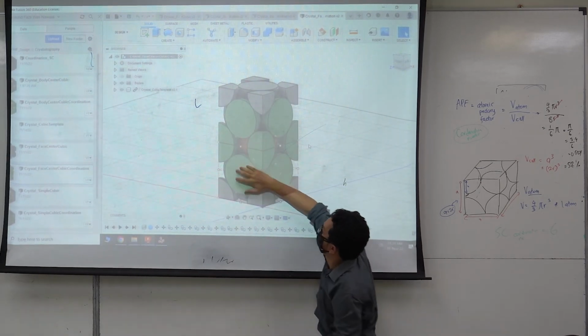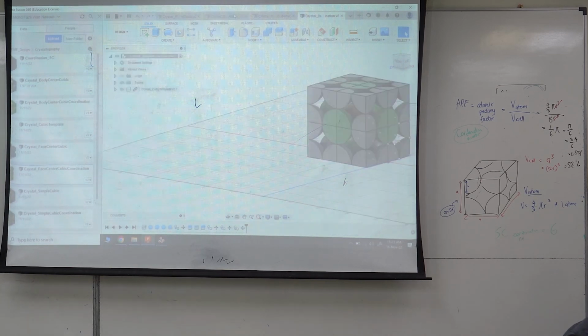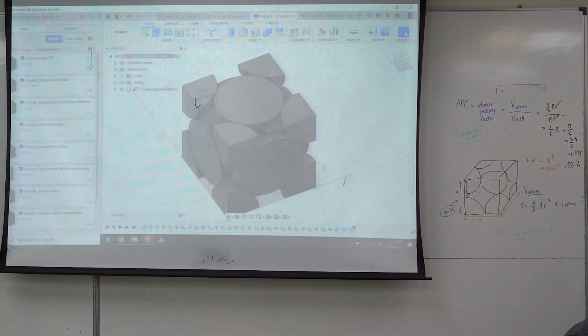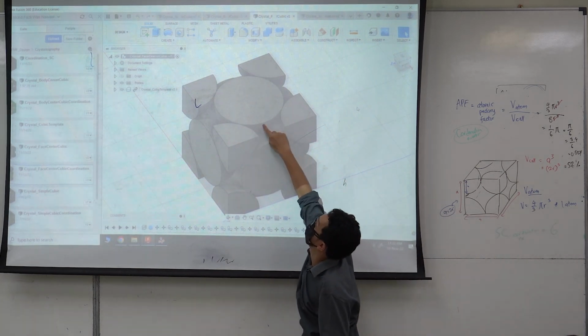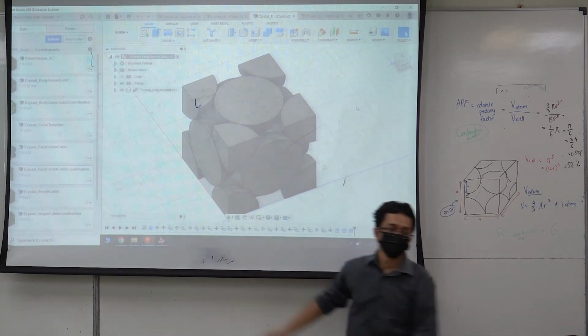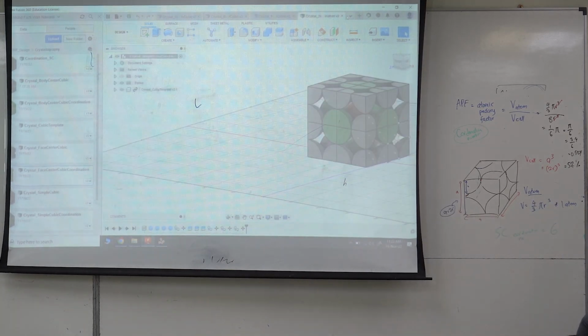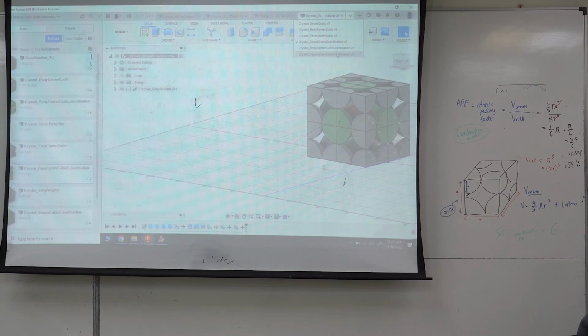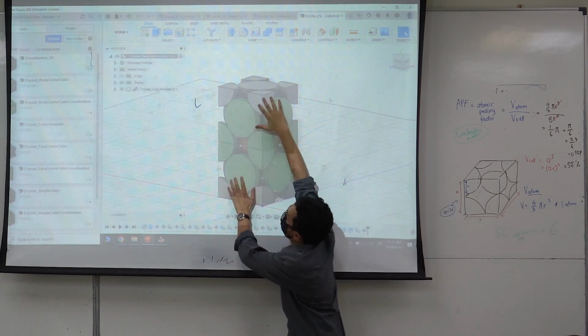If I show you only one, it's hard to see how much this atom touches, because it's not a full atom, not like a ball. So that's why I add one more, so you see something like this. I copy it and make it up.